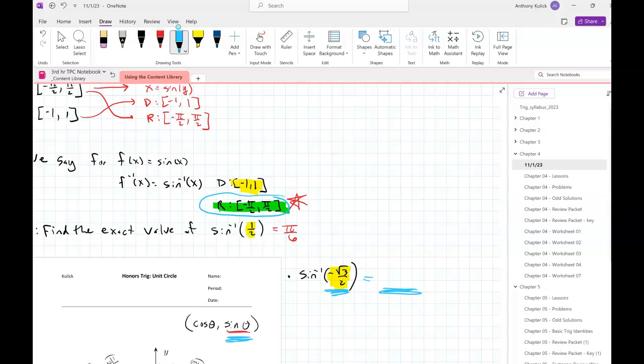Okay, so we do the domain first, right? The first number line. And once it's between that, that's the first step, and it's just a check to make sure the problem is doable. If it's not doable, then we write no solution, it's undefined.